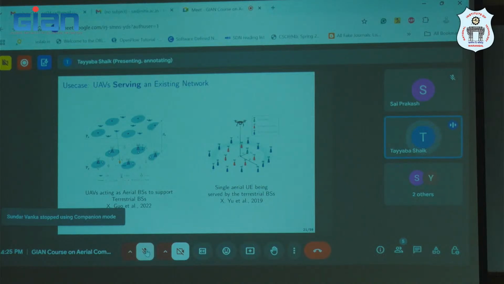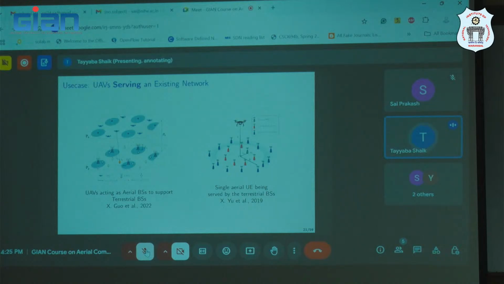So if you look at the figure on the left, here a typical user is receiving service from both the ground base stations and the aerial base stations. Aerial base stations refer to the UAVs. So you can view this as a use case where we are trying to improve the performance seen at the typical user, given that there are some buildings on the ground, because of which these paths from the base stations are being blocked.